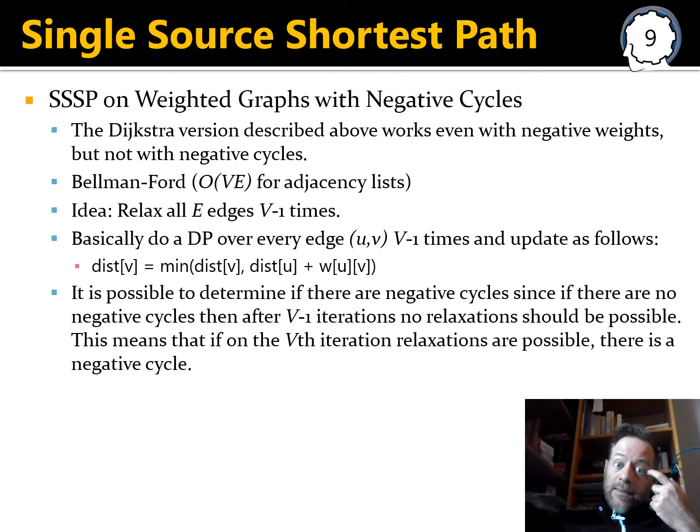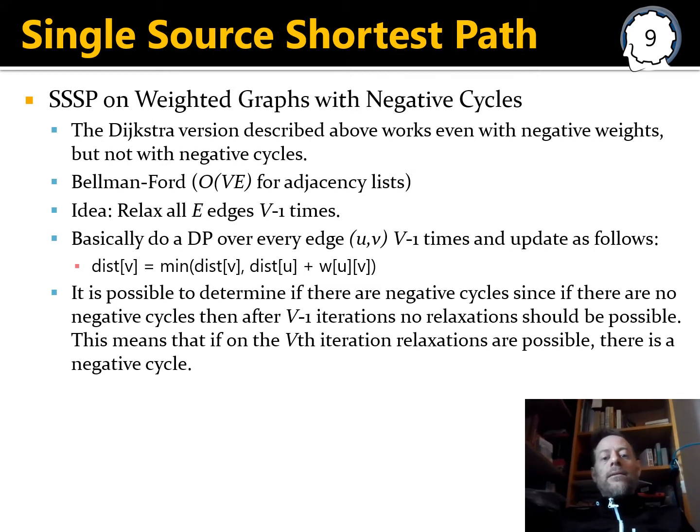condition, and that is that there are no negative cycles. A negative cycle is when there are negative edges in the graph, so that if you go through the cycle, the sum of the edge weights in the cycle is negative. For example, you might have 2, -3, -1, 1 or something like that.